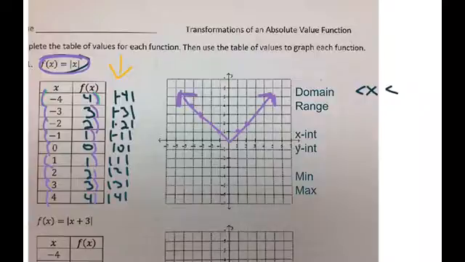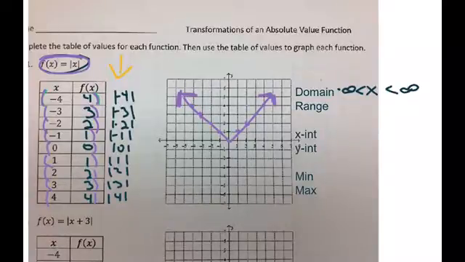Remember, when we don't have left and right sides of our boxes, that tells me that I've got negative infinity to the left and positive infinity to the right. We don't put lines underneath our inequality signs because we cannot put a point on infinity. Okay? Alright, so there's our domain.